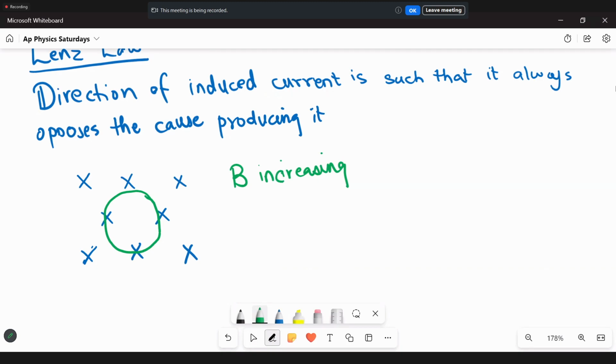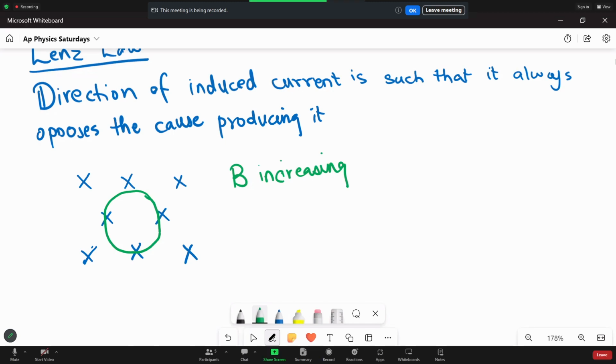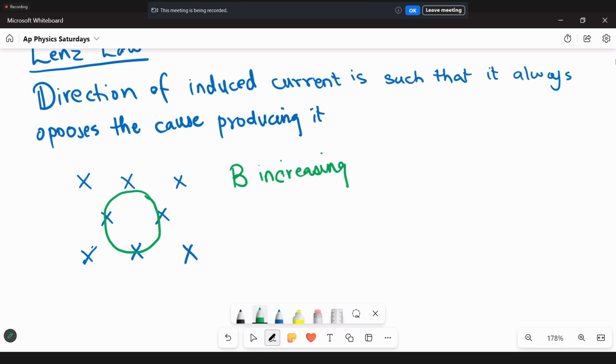Now my question is, if the magnetic field is increasing, which side is the magnetic field, into the board or out of the board? Is the magnetic field out of the screen or into the screen? What does this cross represent? Into the screen, right?